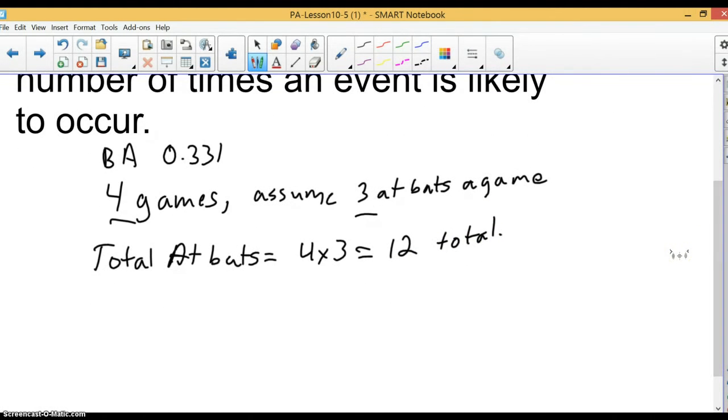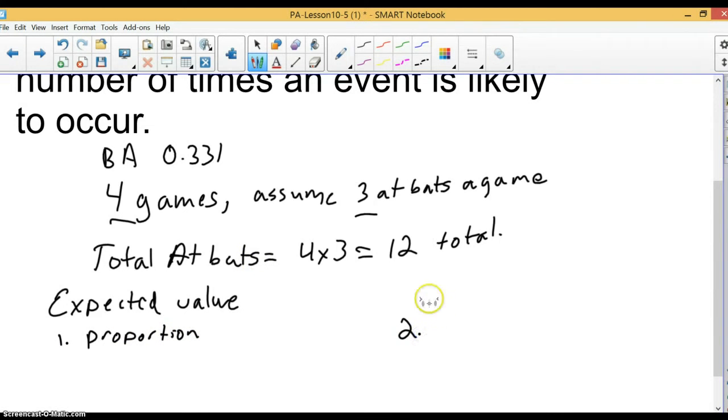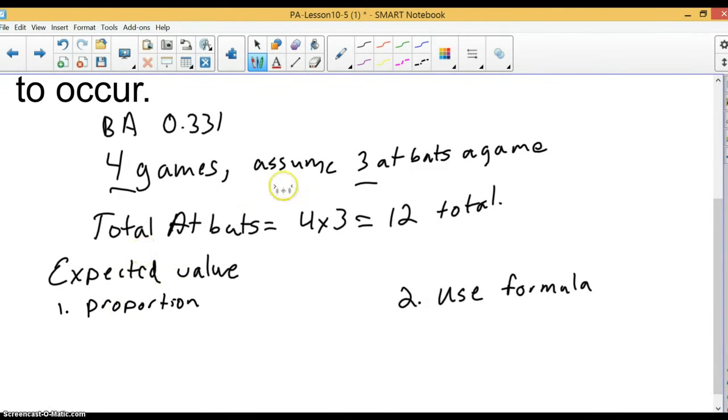Now, to figure out how many hits we expect, or the expected value, we can do either way that we mentioned: one, set up a proportion, or two, use the formula. And I will talk through that in a second. To set up the proportion, we take our probability, which is 0.331, and convert that to a fraction.